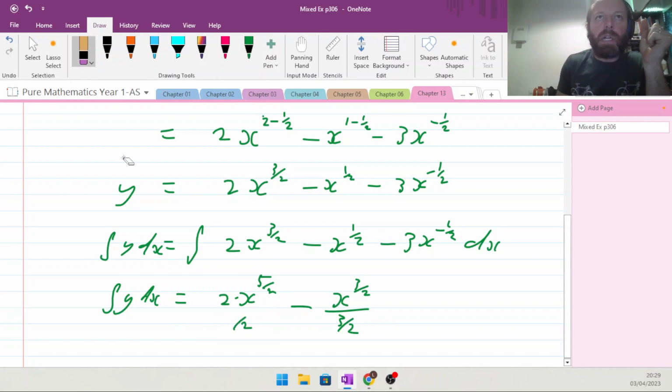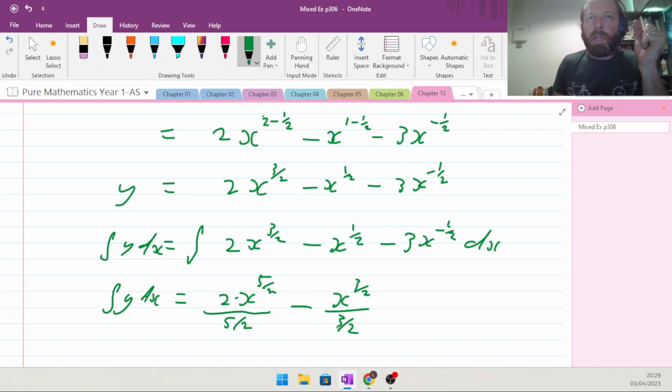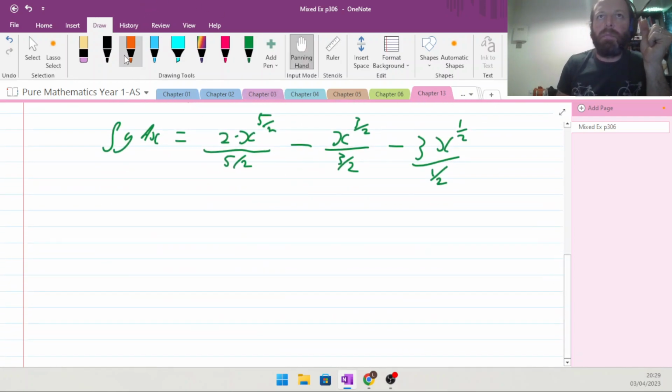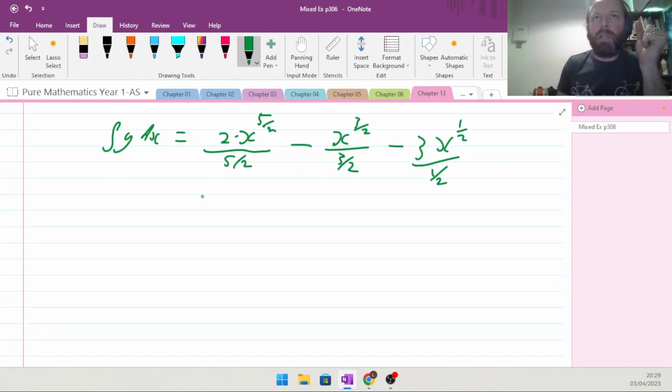Okay, tidy that up. All right, divided by that, brilliant, minus 3, now that becomes x to the half, being divided by a half. Okay, so a bit of tidying up needed on all of that.